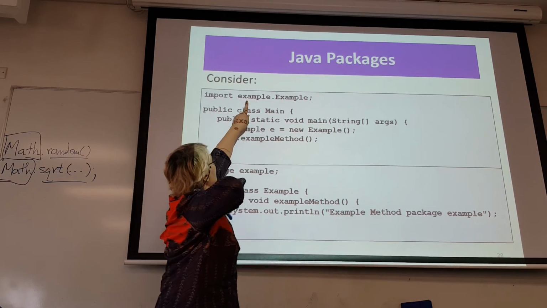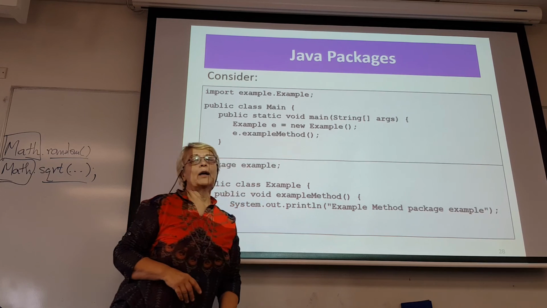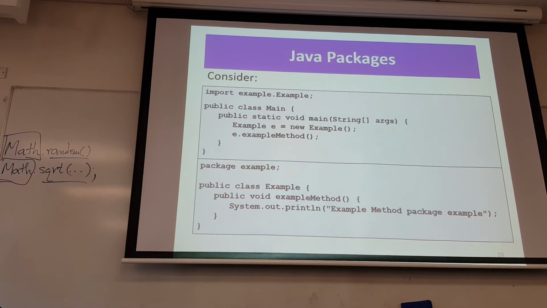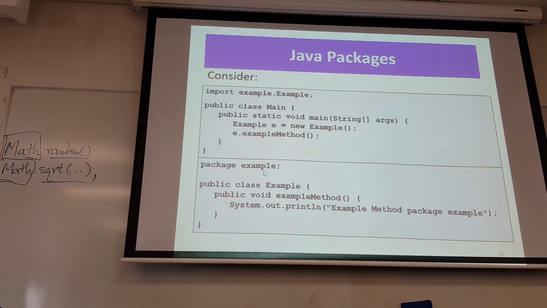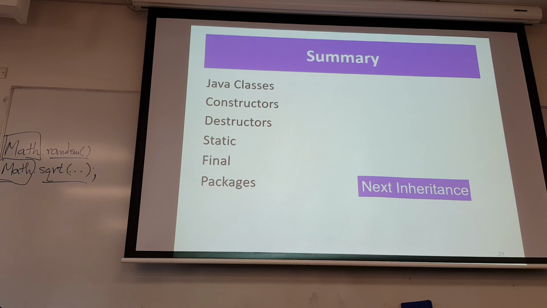The Java compiler looks and tries to follow this path to get hold of my type example. And each folder where I have package example, each file where I have package example at the top, should be in the folder called example. This means you have to align your files with a directory.